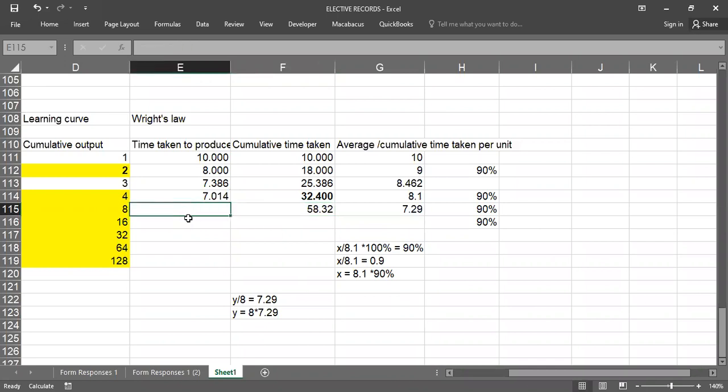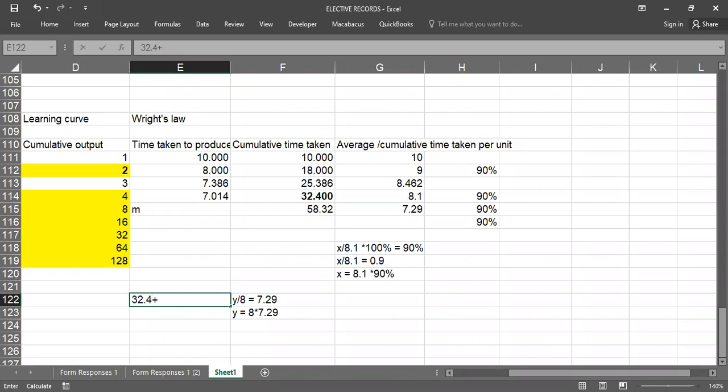Then now, the time taken to produce the first 8 units is given by, still, applying some logic. To get this value here, if this was your M, for example, you get the previous cumulative, which is 32.4.